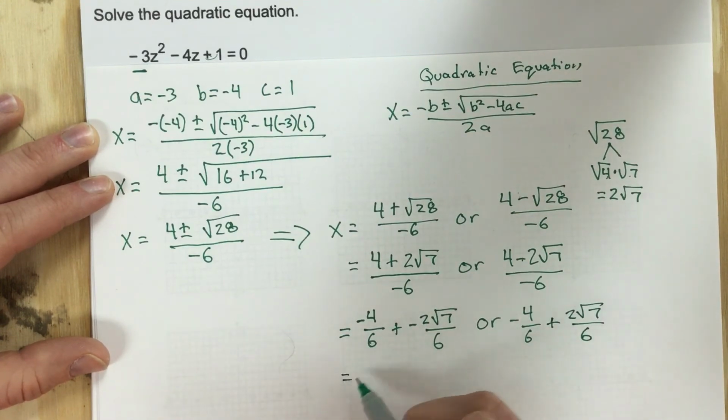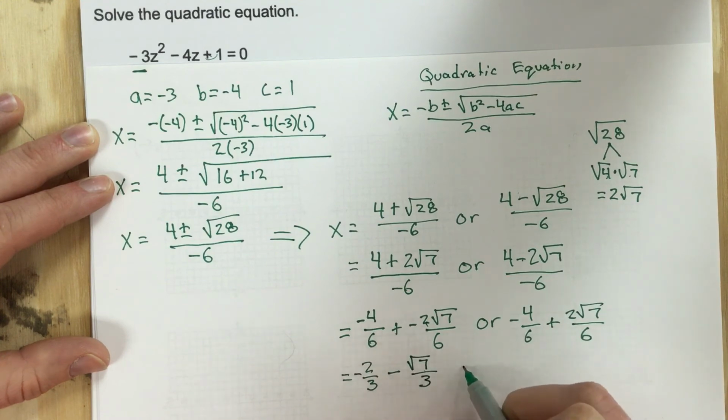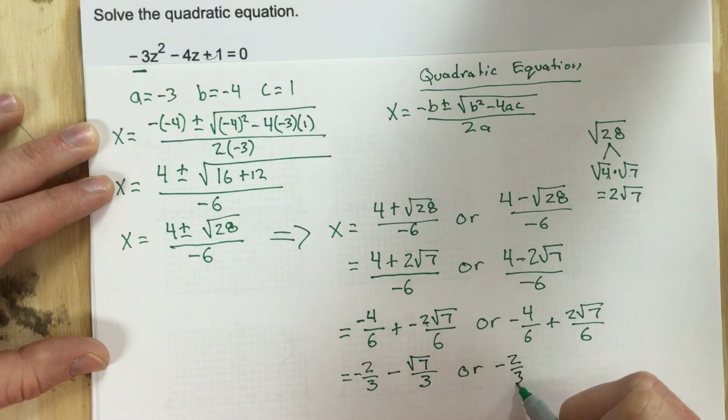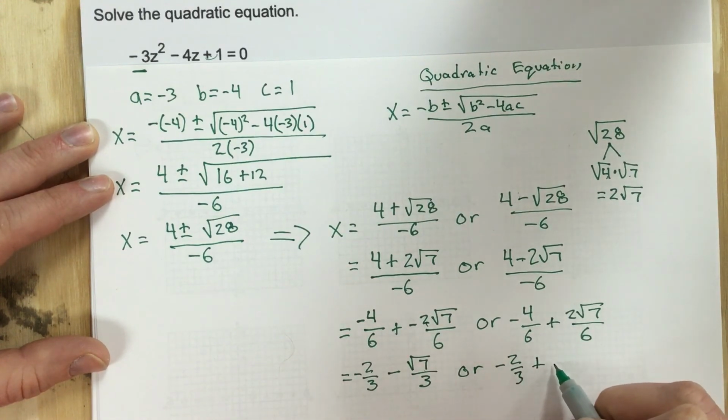So I end up with -2/3. This can cancel, so it gives you a minus root 7 over 3, or -2/3, and this will be plus root 7 over 3.